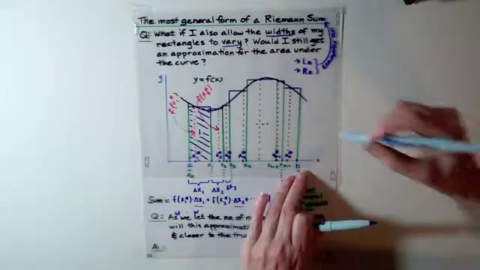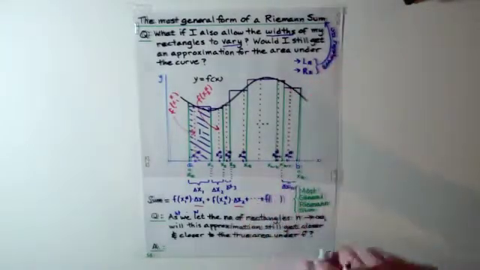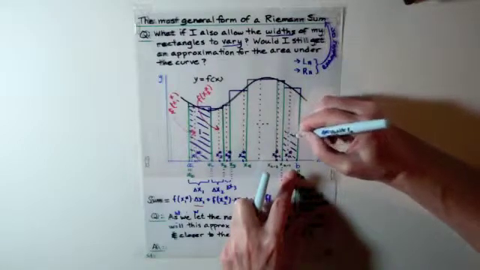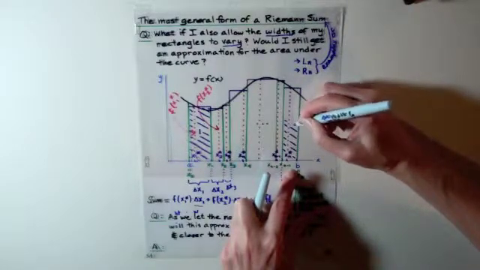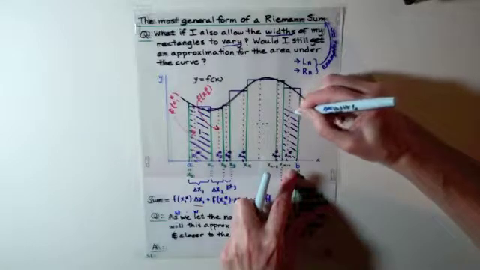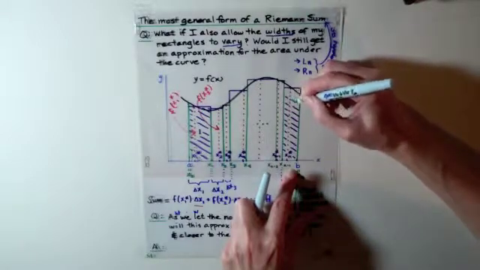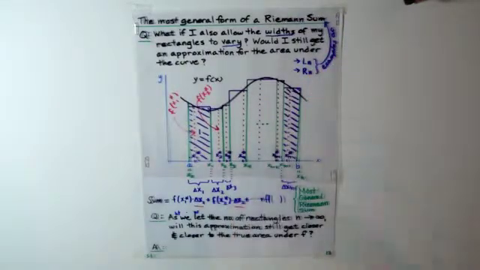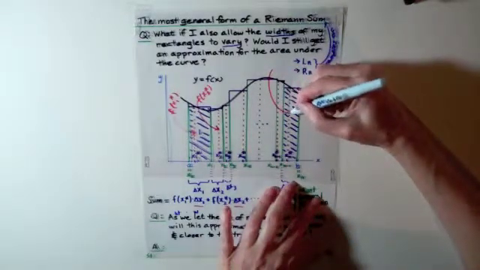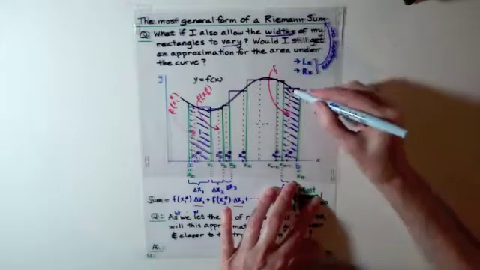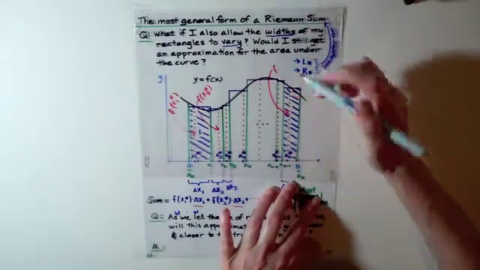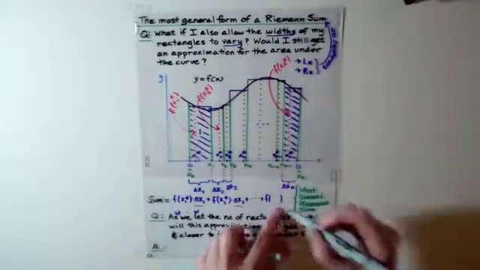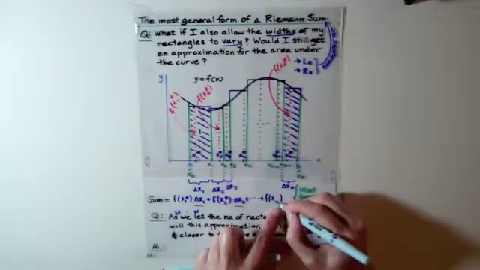For the very last rectangle, that's this one right here. Let's see if I can shade it in for us just so we can see exactly where the sides of that rectangle extend to. So this is the last rectangle. And if I want to know the height of that last rectangle, well, it's just going to be f evaluated at xn star.